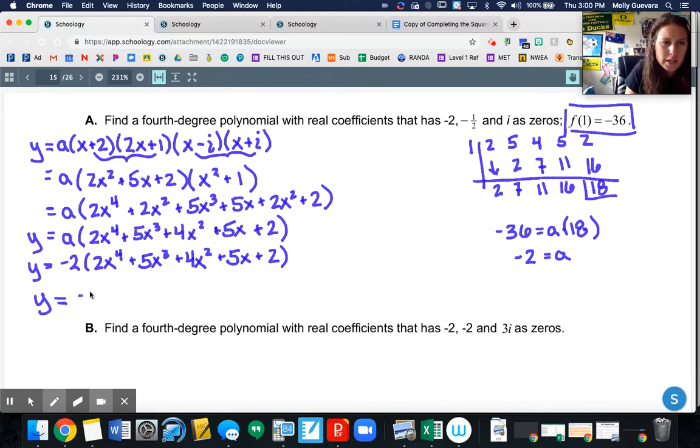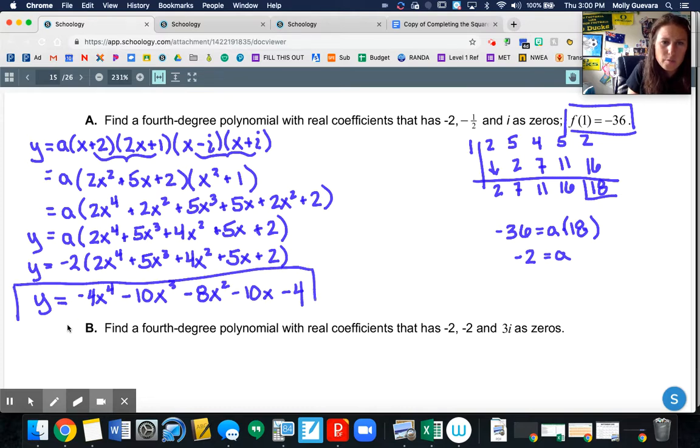So negative 4x to the 4th minus 10x to the 3rd minus 8x squared minus 10x minus 4. So that is the equation of the polynomial that has zeros at negative 2, negative 1/2, i, negative i, and it also goes through the point 1 comma negative 36.